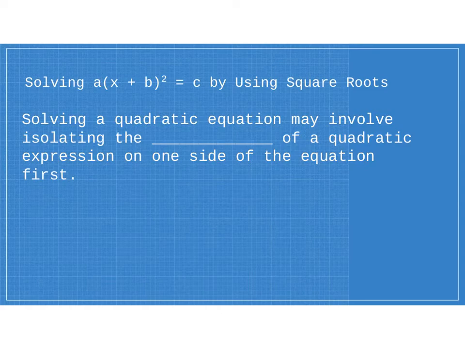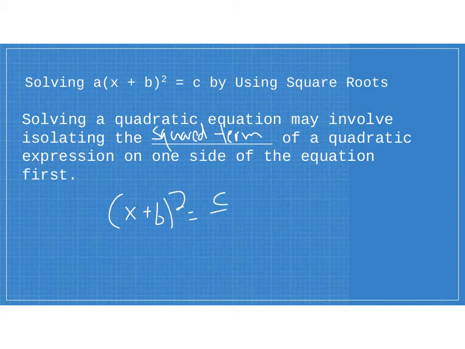And so with that, solving a quadratic equation may involve isolating the squared term, which in this case is a set of parentheses, of a quadratic expression on one side of the equation first. So over here, what we would do is we divide by that a value, whatever that may be, and you get c over a.